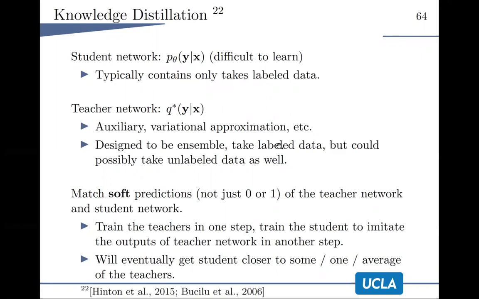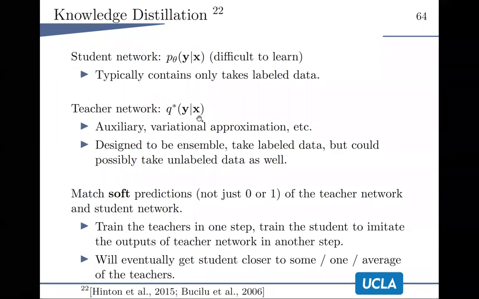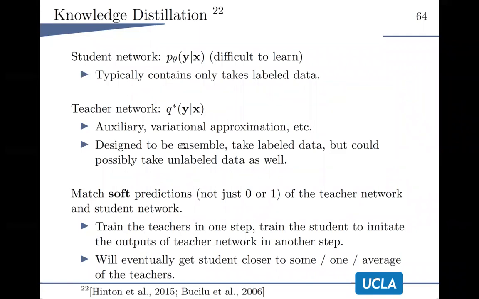Then we have a teacher network, Q star, which is an auxiliary network and could be a variational approximation, almost always designed to be an ensemble network.